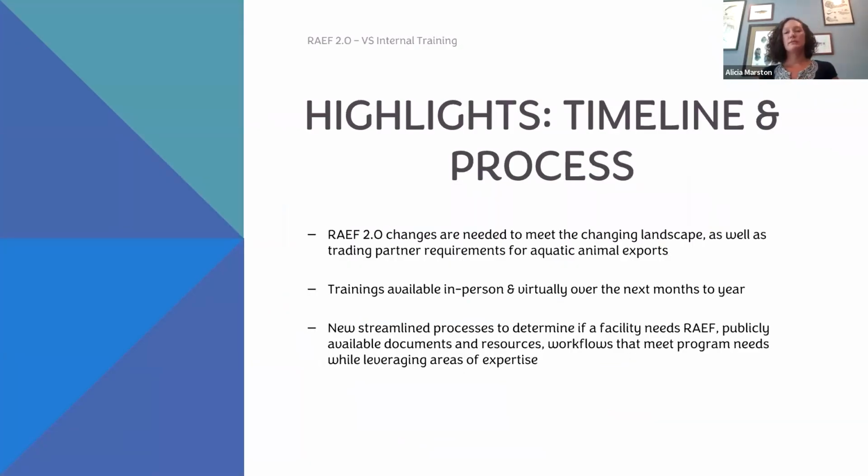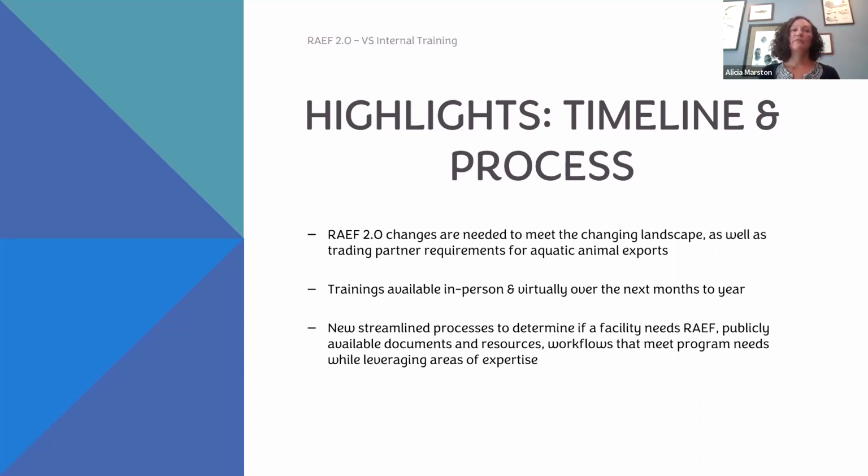Okay, so just some highlights. We need these changes to RAEF 2.0 in order to meet the changing landscape that we're seeing in aquatic animal health, as well as our trading partner requirements for export. We have a whole series of trainings available, both in person and virtually, over the next month to year.